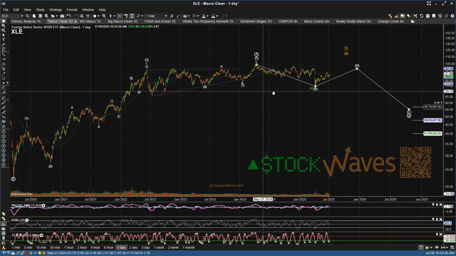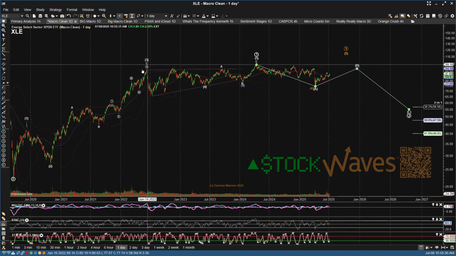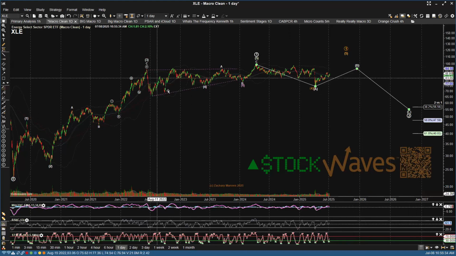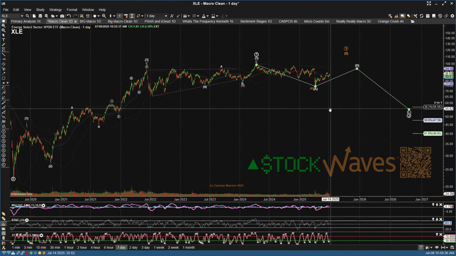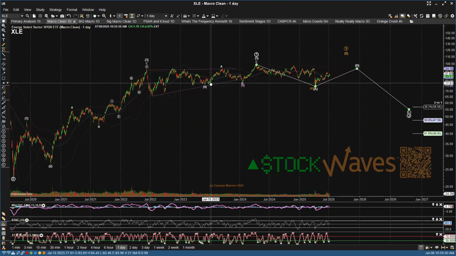There are a number of names that we track that look more like this was a possible ABC up, or maybe even 5 waves up into the 2022 high, and they can count as a larger ABC already completing. But we don't have quite all the same look for a lot of energy stocks that we did back here in the fall of 2020 when we were incredibly bullish on a lot of those names.